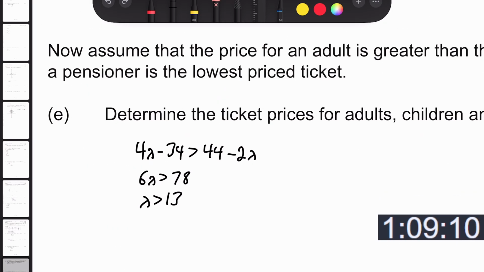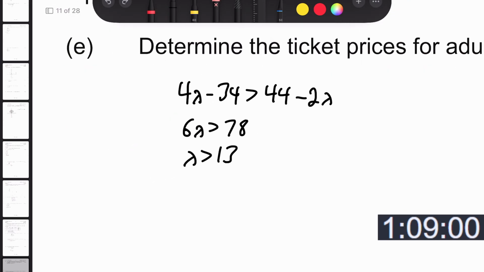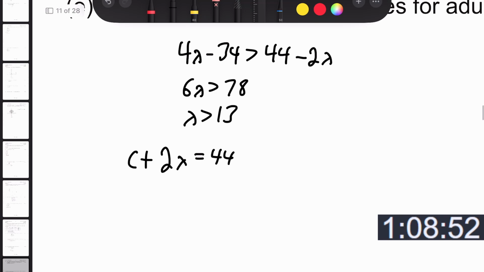Let me see if I solve it. 4 lambda minus 34 is greater than 44 minus 2 lambda, so lambda is greater than 13. Then if we have c plus 2 lambda equal to 44, and lambda equal to 14, c then is going to equal 16.